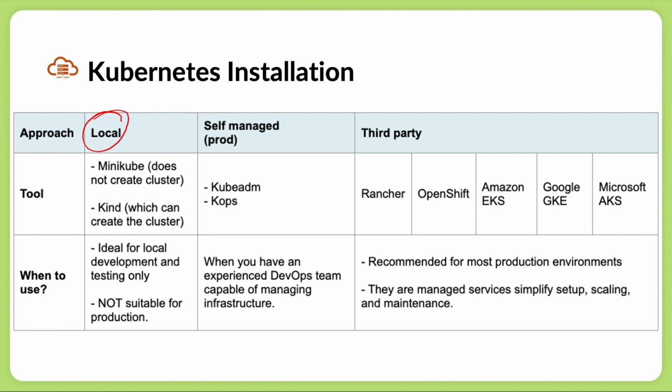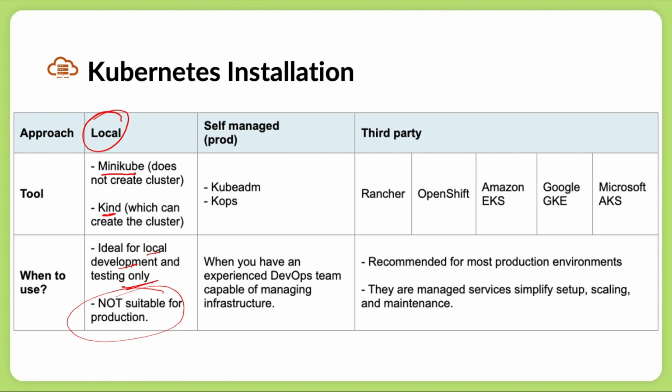What is the purpose of local installation? Local installation is ideal for local development and testing only, and this is not suitable for production. If you are doing a local installation of Kubernetes, there are many tools you can use, but the most used are Minikube and Kind.